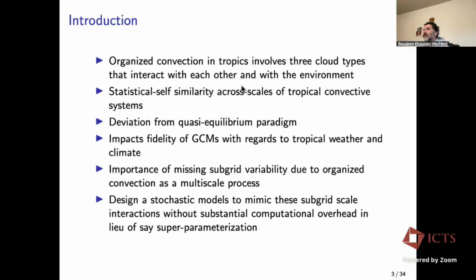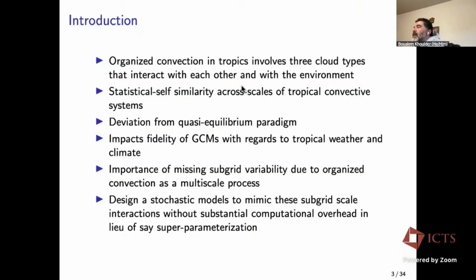So organized convection in the tropics is what we're interested in, and the key thing that we see is that it involves three cloud types that interact with each other and with the environment. These three cloud types determine some kind of self-similarity across scales for different types of waves, including the Madden-Julian oscillation.